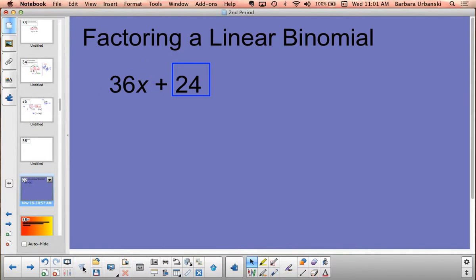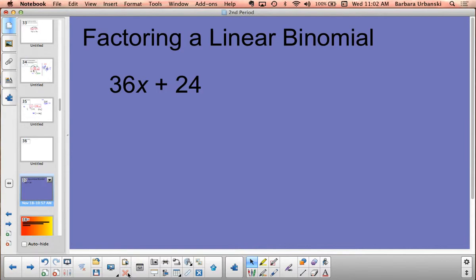Now, when we take a look at this particular problem, we would look at our two terms and we're trying to see if there is a common factor between the two terms. And it's best to find the greatest common factor.